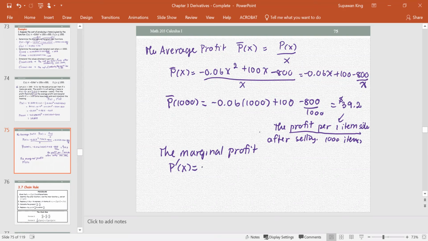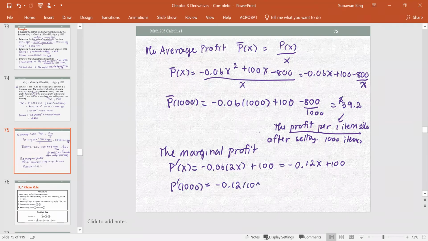So the derivative is negative 0.06 multiplied by 2x after applying the power rule, plus 100, or negative 0.12x plus 100. Find the marginal profit at 1,000, which is negative 0.12 multiplied by 1,000 plus 100 to get negative 20.